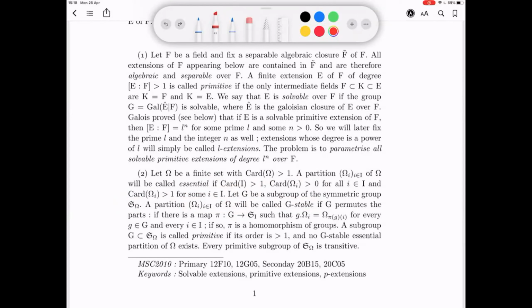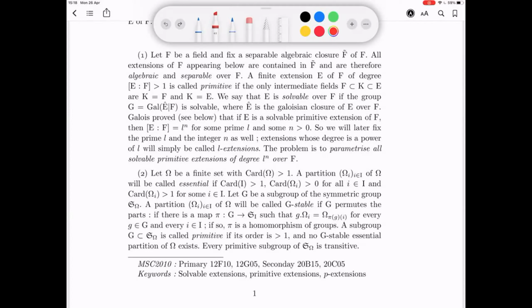Okay, one way of saying it is, if a group G acts on a set omega, then it acts on the set of subsets of omega. And the set of partitions is a subset of the set of subsets of the set of subsets of omega.